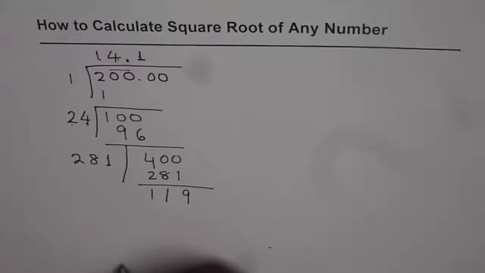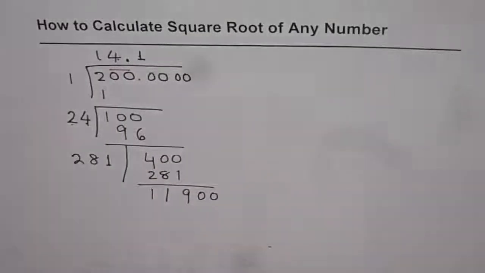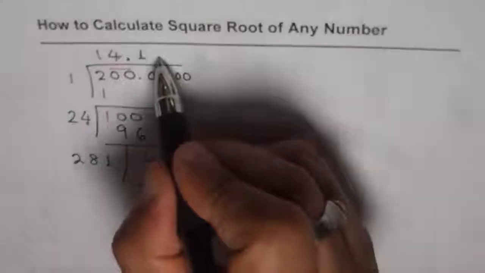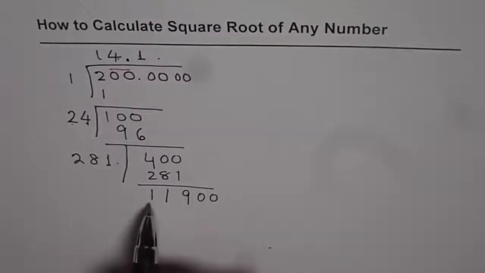Well, we can go to 2 decimal places. Let's put 2 more zeros, bring down these zeros. Okay. Now, what number can I place here and here so that we can get closer to 11,900?